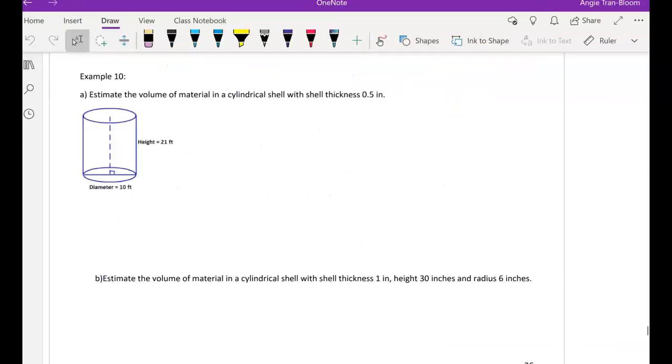Example 10 from 4.5. Estimate the volume of material in a cylindrical shell with the shell thickness being 0.5. Let's correct that to feet since these all measure in feet, okay? So with the thickness of the shell of 0.5 or half of a foot. So what we know, based on the picture, is the height is 21 feet.